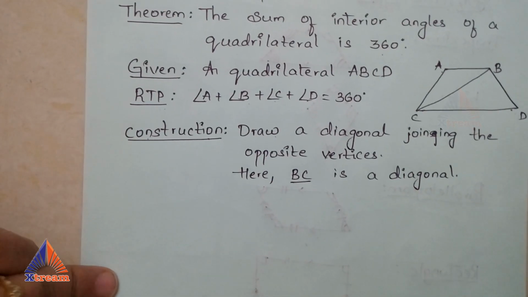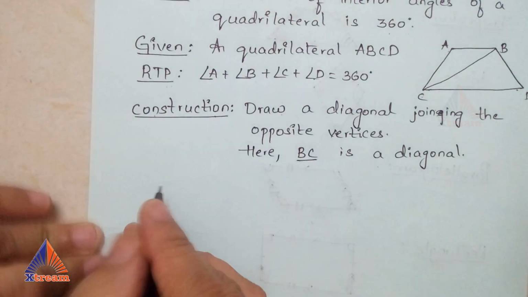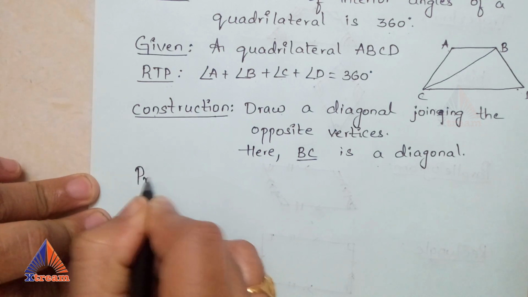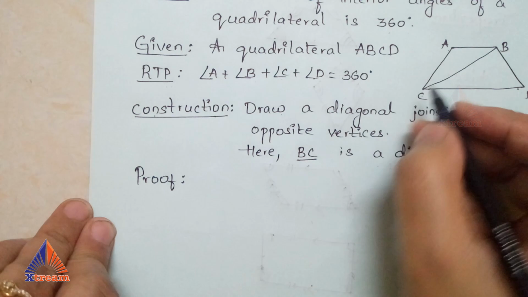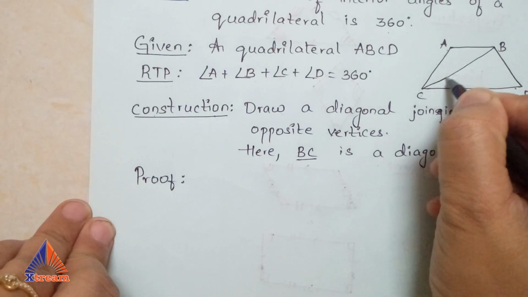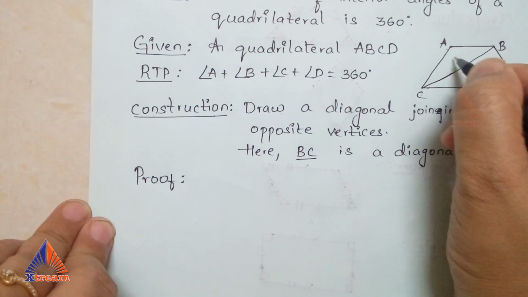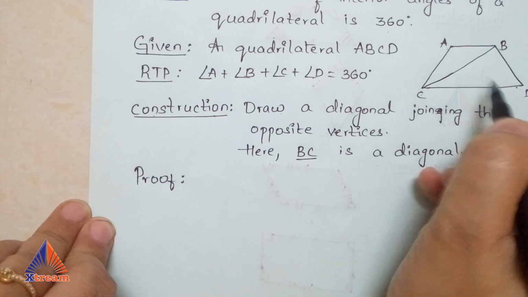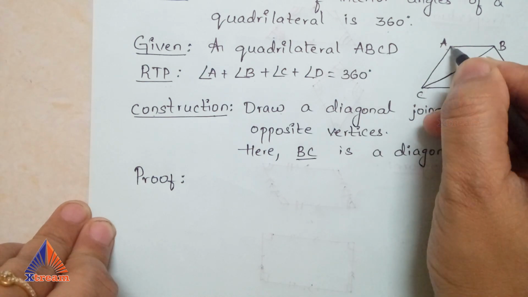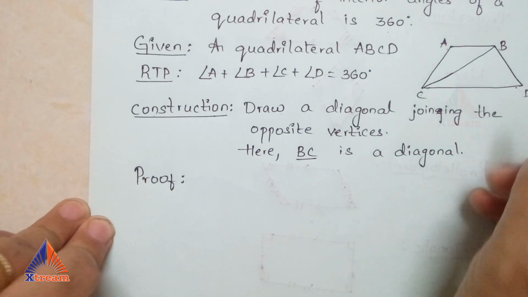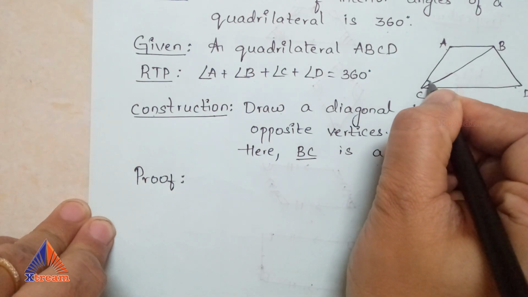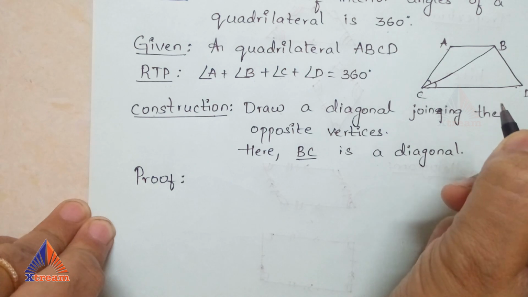So after doing the construction part, what we are going to do? We have to prove. To do the proof, can you observe? After drawing the diagonal, we got the quadrilateral divided into two triangles. One is triangle ABC. The other one is the triangle BCD. Okay, and you can observe angle C has been divided into two parts.